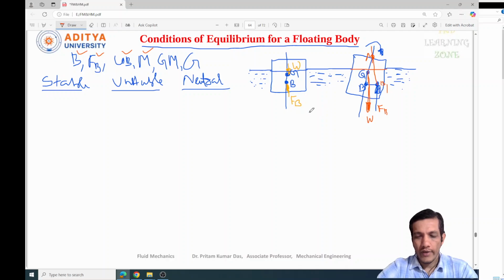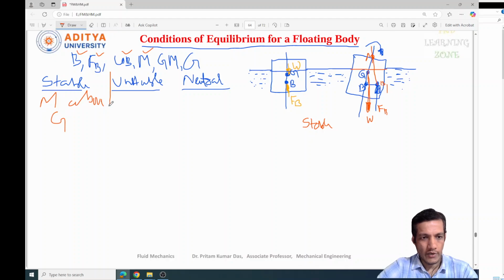Now, when can we say this body is going to be stable? When the metacentric point M is above the G point, it is called stable equilibrium.